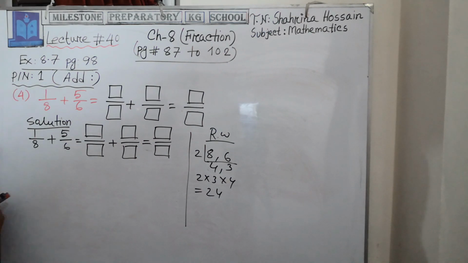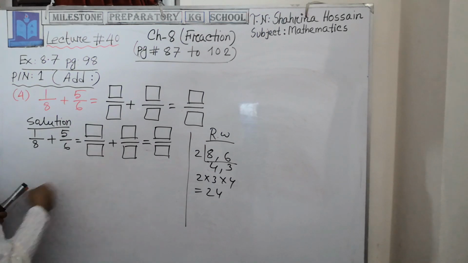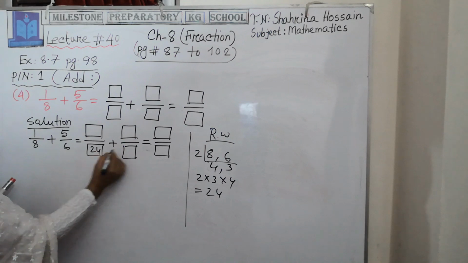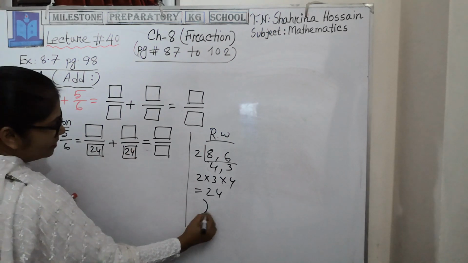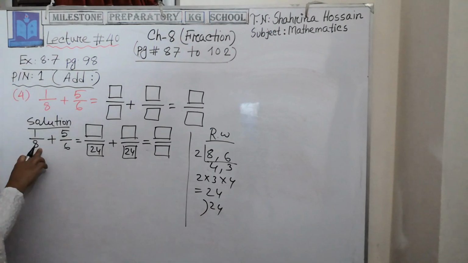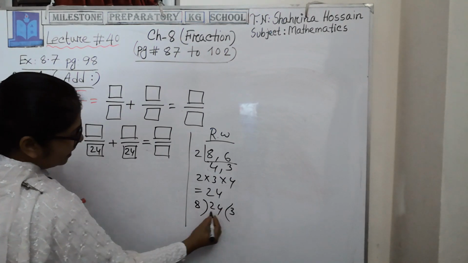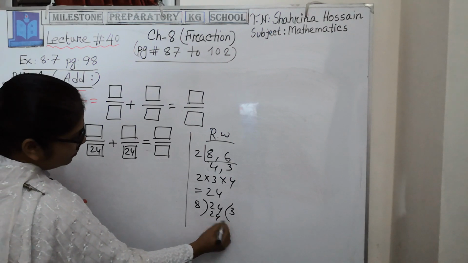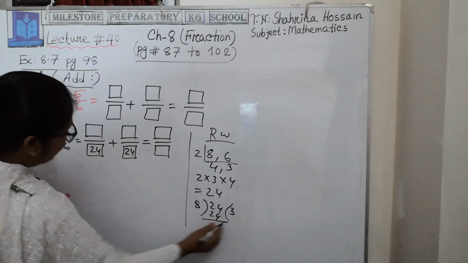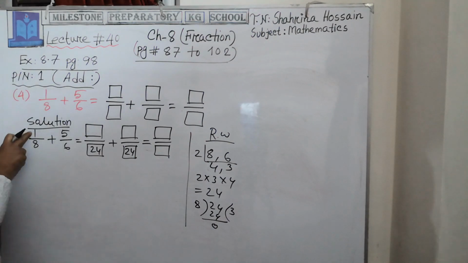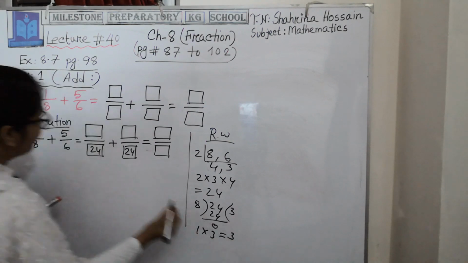So in both positions, that means in the denominator on both sides, we can write 24 and 24. Now we will divide 24 by this denominator. So 8 3s are 24. Then we are getting here 1, numerator is 1. So 1 multiplied by 3, then 3 1s are 3.